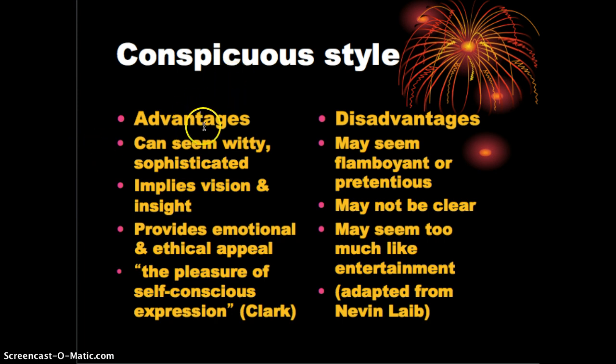Sometimes the advantages of a conspicuous style is it can seem witty and sophisticated, as with the Woody Allen example we saw earlier, implies vision and insight, provides emotional and ethical appeal, and we know we always need to appeal to logos, pathos, ethos, those three types of appeals whenever we have arguments or points that we are trying to convince the reader of something. So that's a wonderful tool to use in these cases.